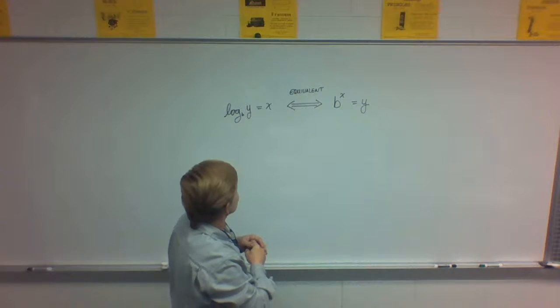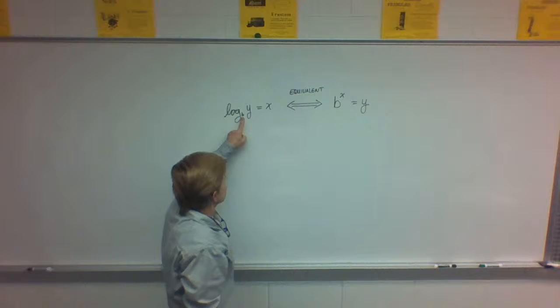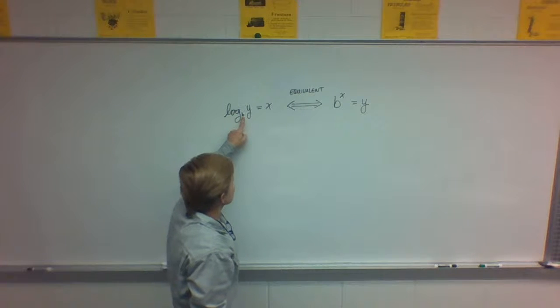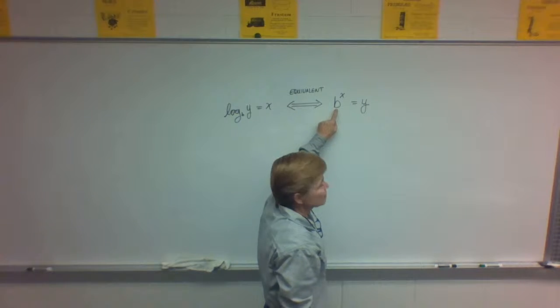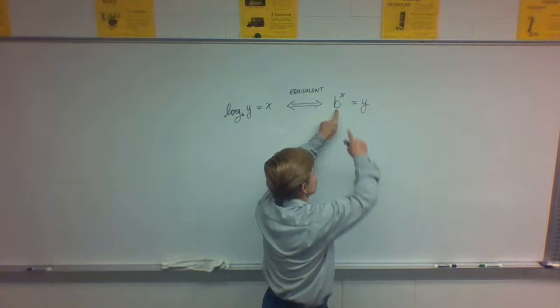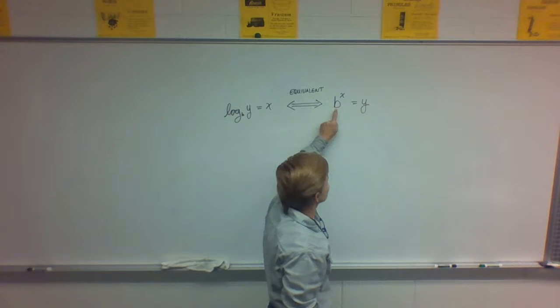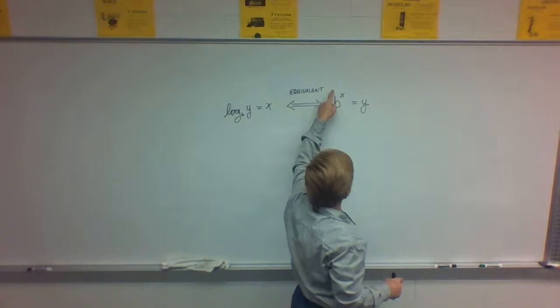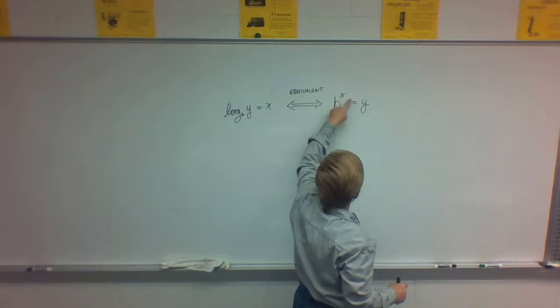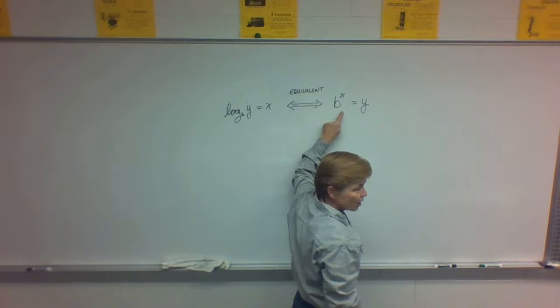Now, let me show you how they're tied together. This base B right here, log base B, that's how you pronounce it, log base B of Y. This exponent over here also has a base of B. When you write an exponent, the big number that's being affected by this, that's the base of the exponent. This is the exponent, and together, we use it really loosely, but together, this expression is supposed to be called a power.